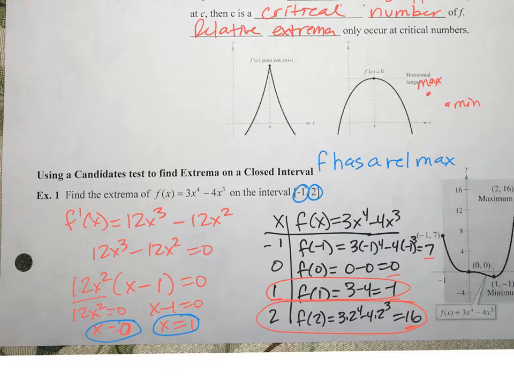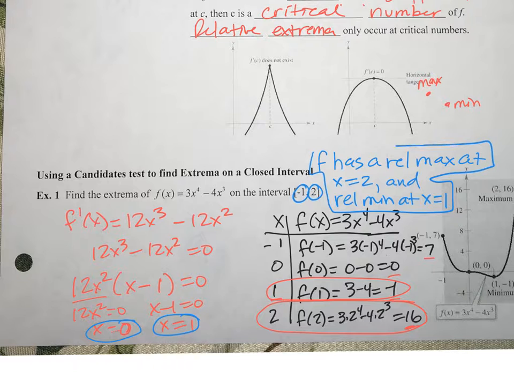Well, the relative maximum of 16 occurred when x was equal to 2. So f has a relative max at x equals 2, and f has a relative min at x equals, what was it? x equals +1. Okay, so let's draw a box around that because that's our final answer.